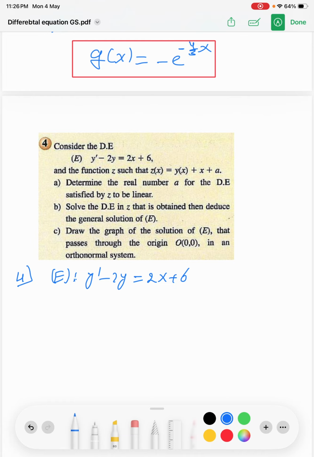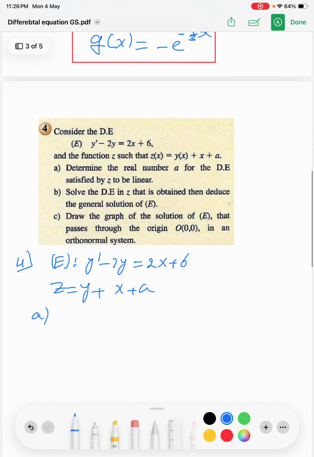First, we have z equal y plus x plus a, and the question is to determine the real number a for the differential equation satisfied by z. You have to convert this equation depending on y into another equation depending on z.